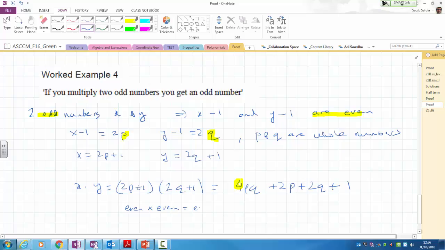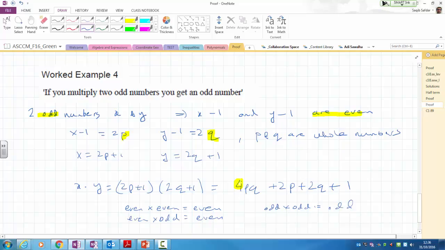Even. Right. Even times odd, and you just try it out, so 3 times 2 will always give you an even. What about an odd times an odd? Yeah, so 3 times 3 will always give you an odd.